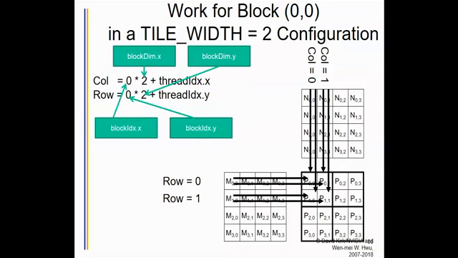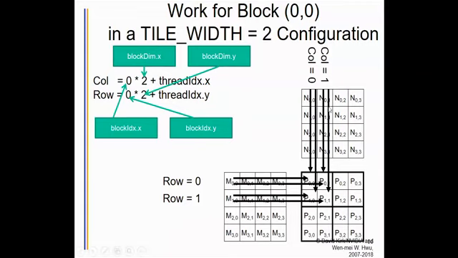We're showing a very small example here. For block 0,0, because the block index is going to be 0 here, the column index and row index are just going to be threadIdx.x and threadIdx.y, right? So we're going to have column 0, column 1, and then row 0 and row 1 for these expressions for all those 4 threads.